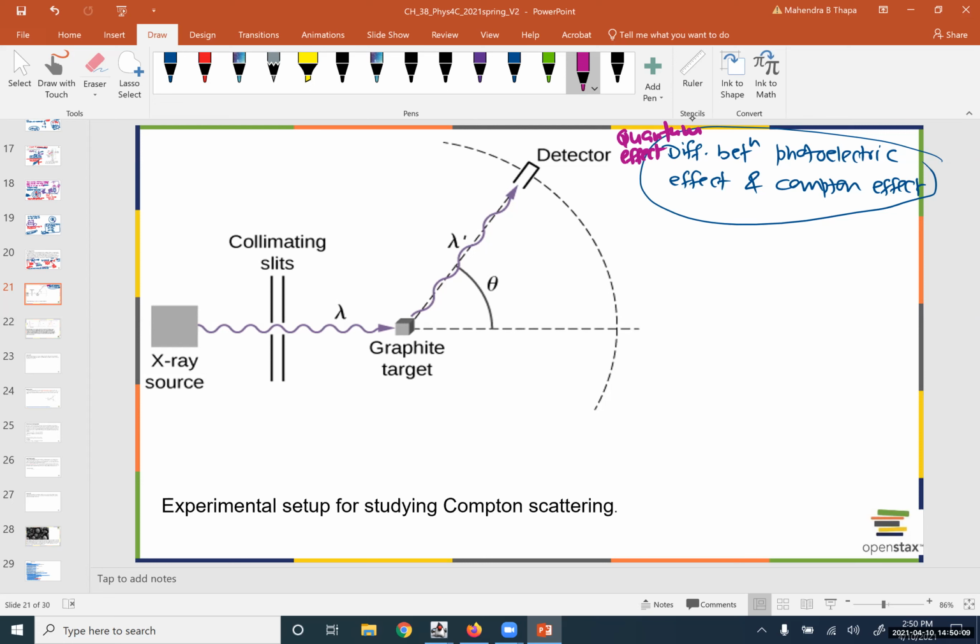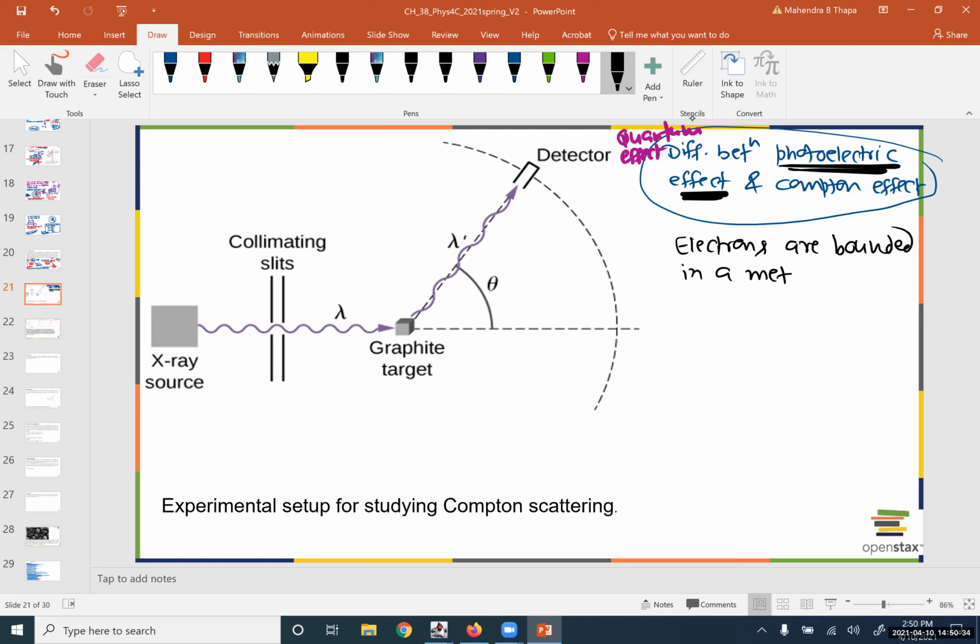In the photoelectric effect, electrons are bound in a metal surface.